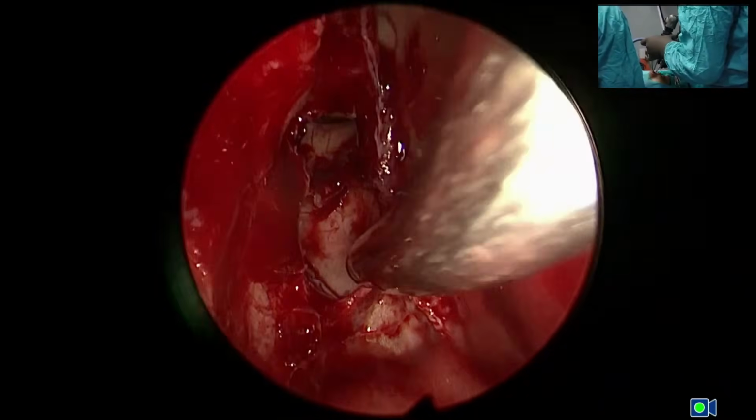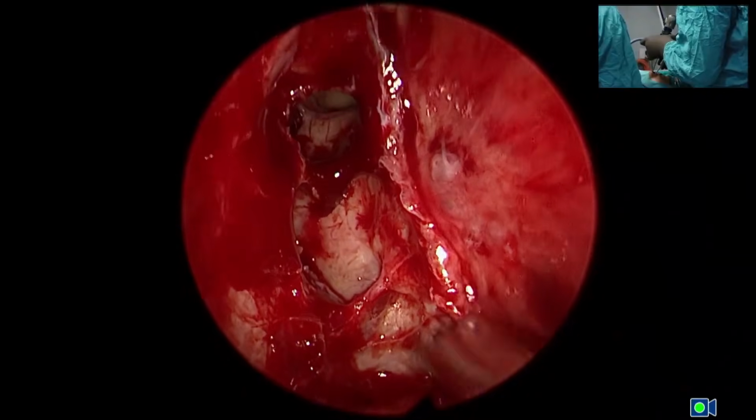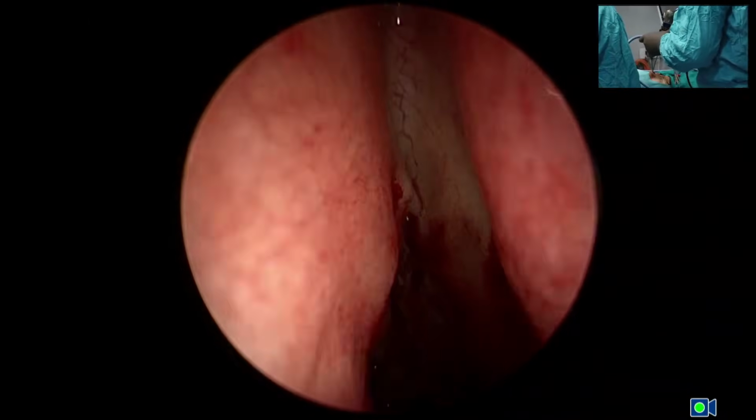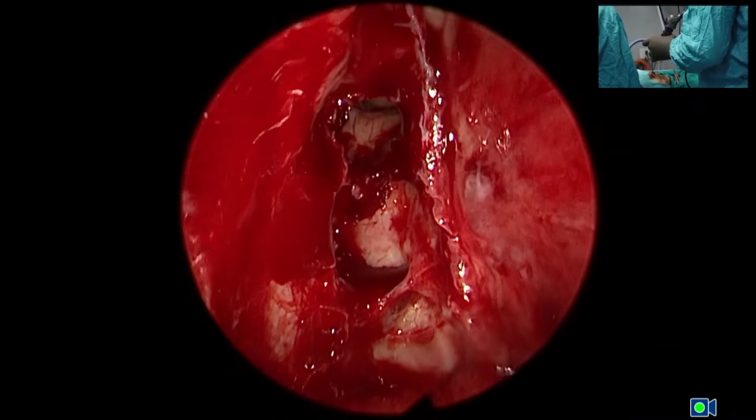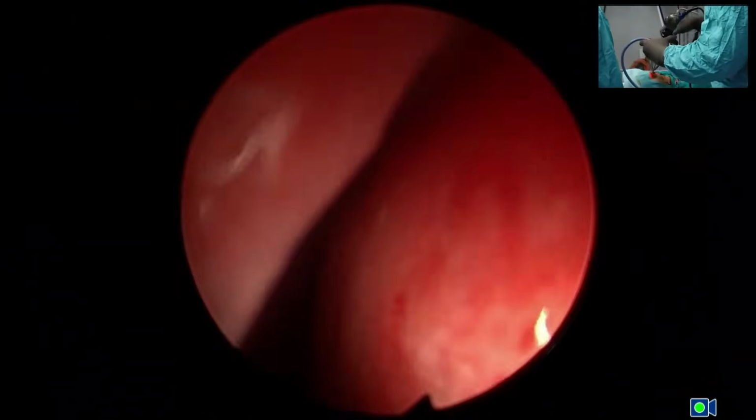See, this side, the ethmoidal roof, I have already made bare. Very clear? Now, this mucosa from this region cannot be elevated completely more. So what we'll do? We will devitalize this mucosa and make it completely flat.